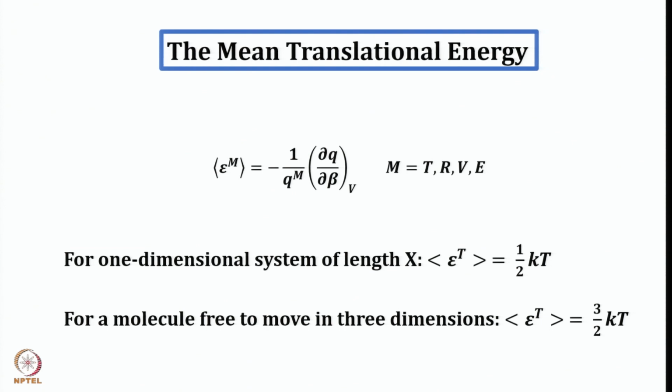Then further, we connected the molecular partition function with the mean energy. The translational contribution for one dimension was 1/2 kT, and for a molecule free to move in 3 dimensions it was 3/2 kT.